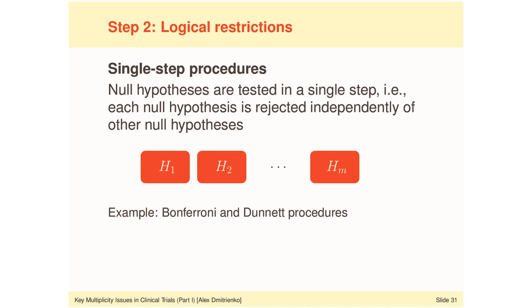In this diagram, each hypothesis in this multiplicity problem is represented by an orange box, and with any single-step procedure, you can test the hypotheses in any order. They are not arranged in any meaningful sequence. And examples of single-step procedures are shown at the bottom of the slide. The Bonferroni and Dunnett procedures that we're going to discuss later in this course serve as very good examples of the basic single-step testing approach.